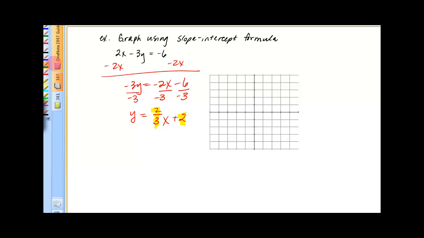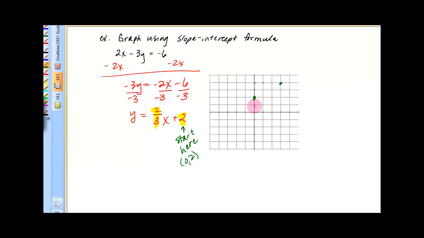Okay, so let's graph that. I'm going to start at the point, so I'm starting here, which happens to be (0, 2). So I go over 0, up 2. Now I'm going to count positive 2, run 3. So I go positive 2, run 1, 2, 3.